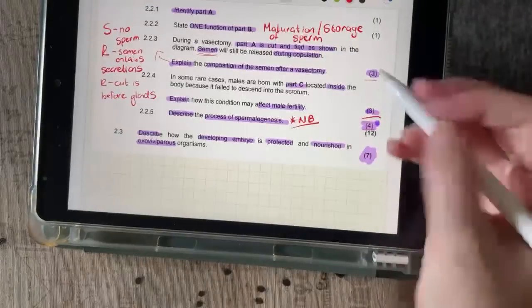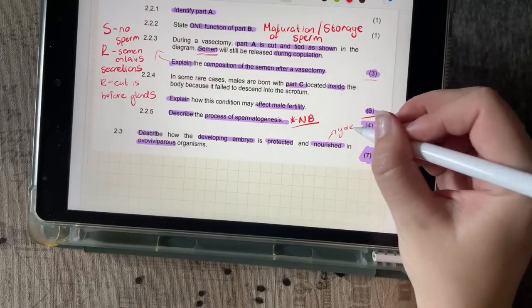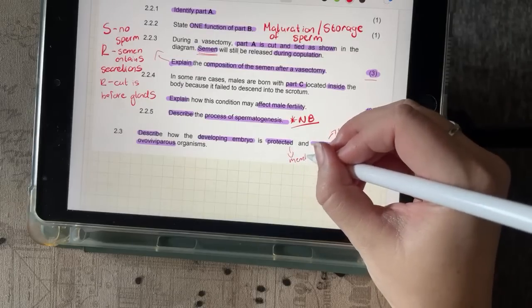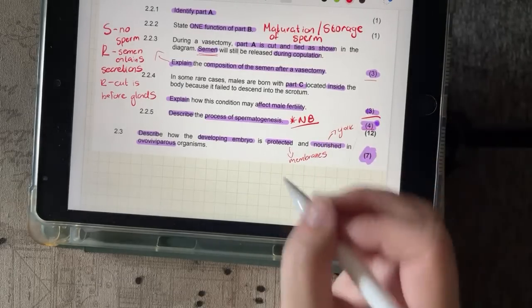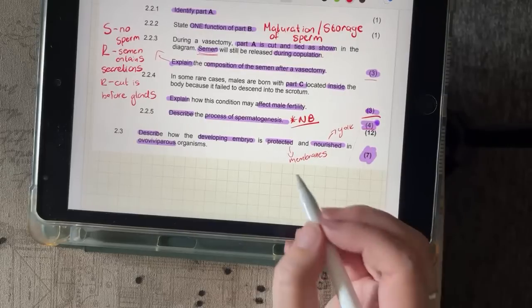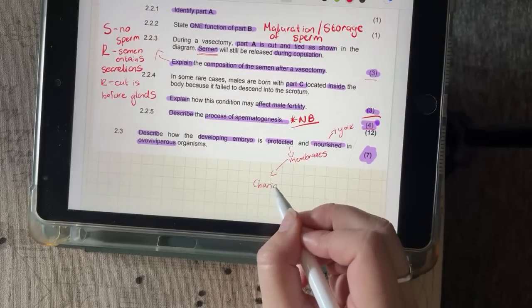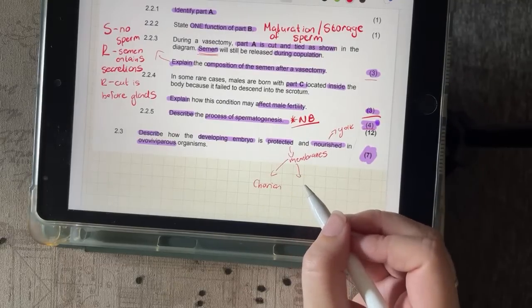So I'm hoping the first thing you think of when you think nourished is yolk. And protected, I'm hoping you're thinking of all the membranes, right? I'm hoping you're also thinking, when we talk membranes, chorion. What else?